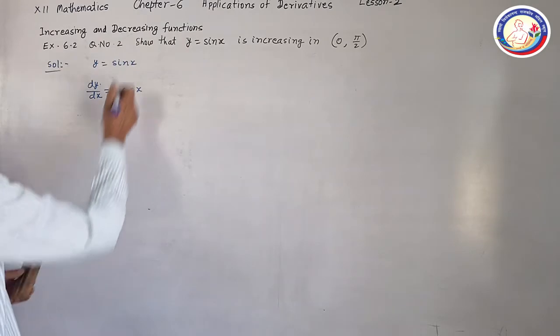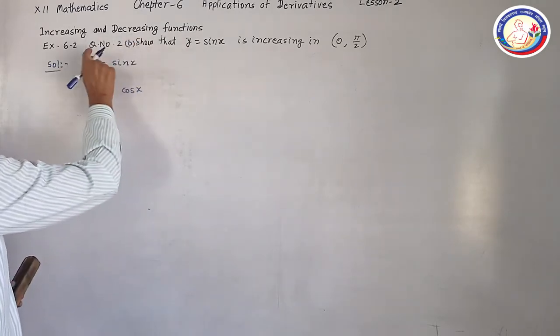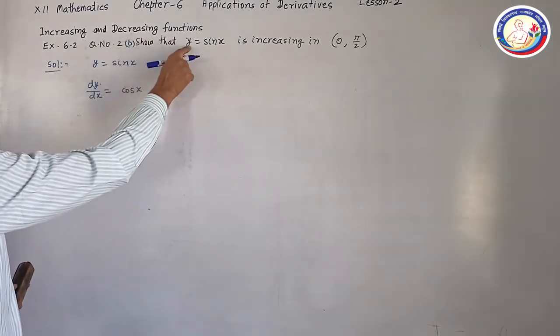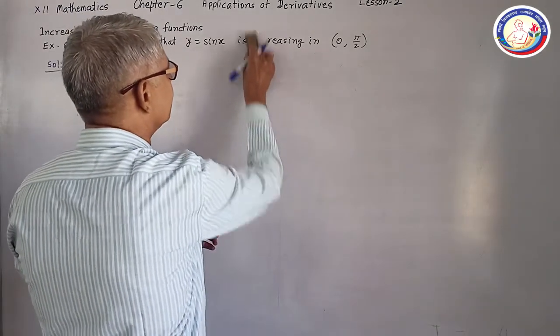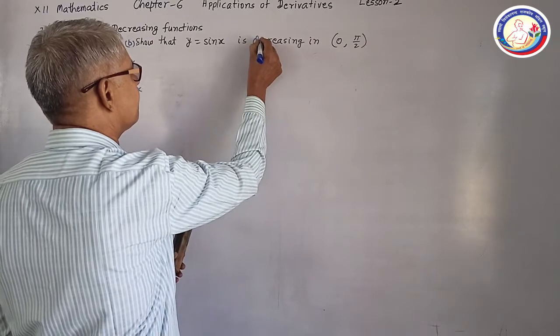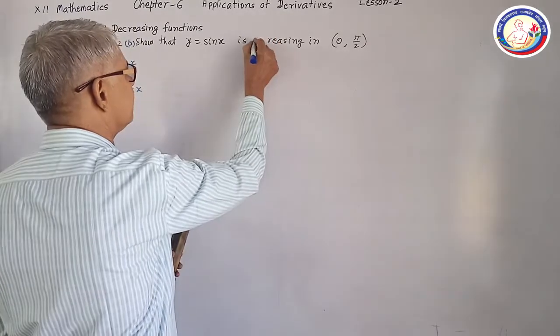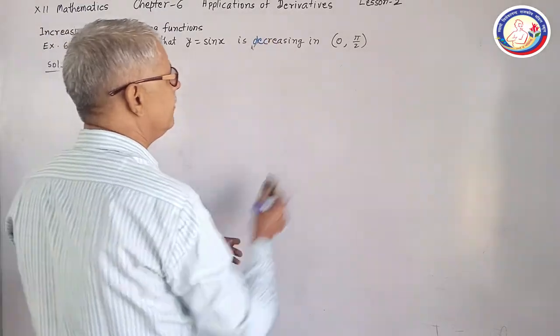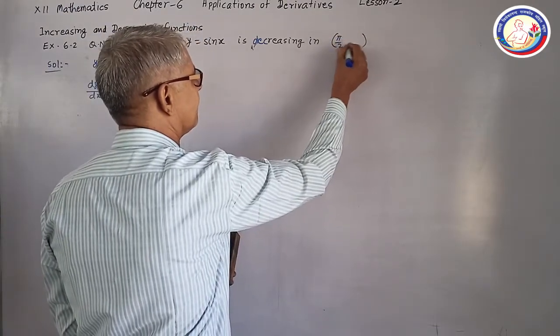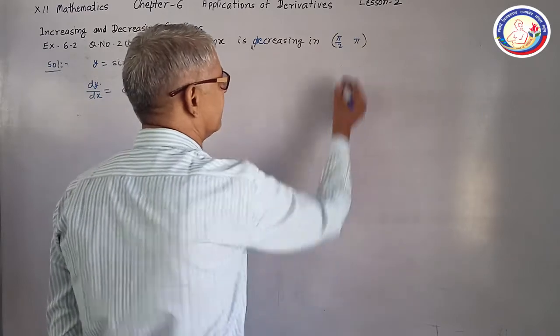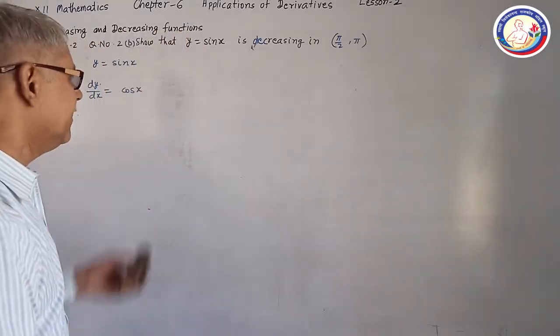Second part of this question, question number 2b, so that the function y equal to sin x is decreasing in pi by 2 to pi. It is also again similar.